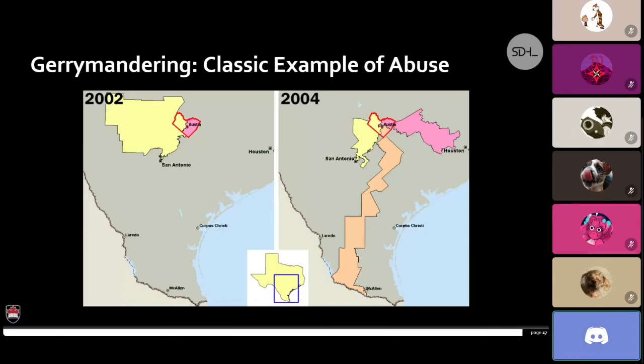So here you have political boundaries that have been changed. In particular, you can see this orange boundary that flows from Austin to the US-Mexico border. And from a political perspective, it doesn't really make a whole lot of sense.